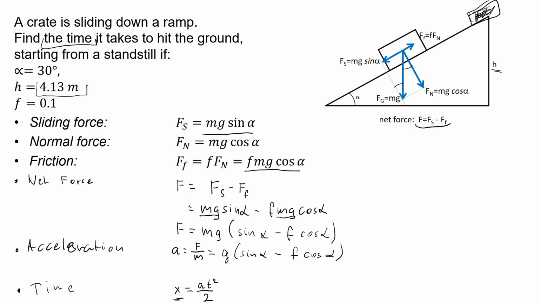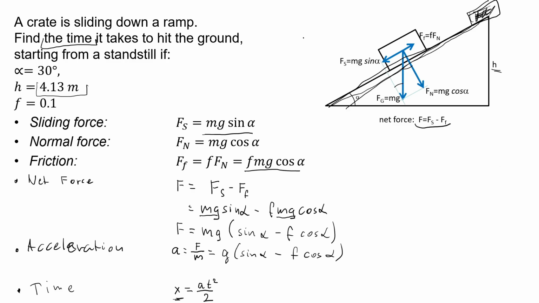Please note that if you take the simplest way, the naive approach, and say, all right, I have something in meters, so the distance is 4.13 meters, nothing could be further from the truth. This crate is not falling down, it's sliding down this direction, so our x is here. That's the x.